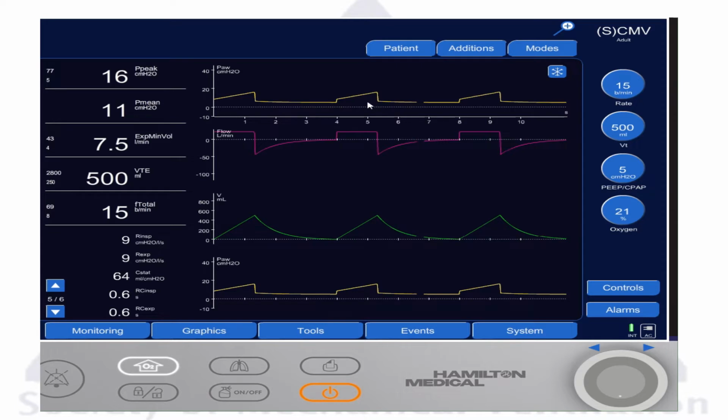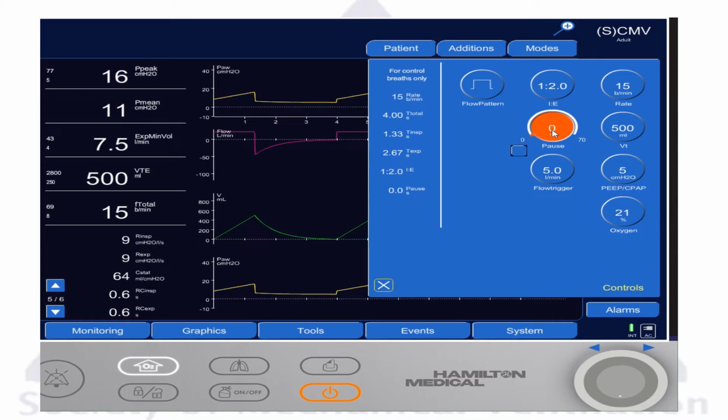We'll see the changes once we adjust the compliance and the resistance. This is the flow in pink, in liters per minute, the airway pressure in centimeters of water, and this is the tidal volume.